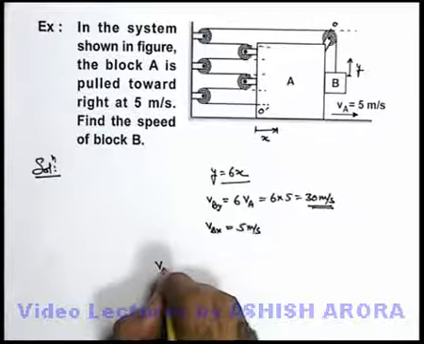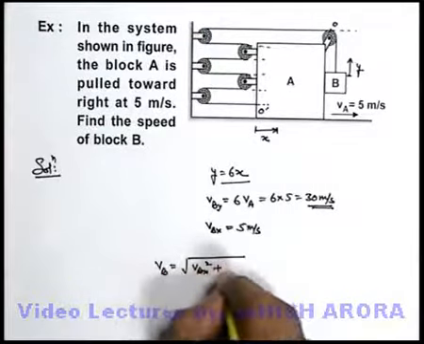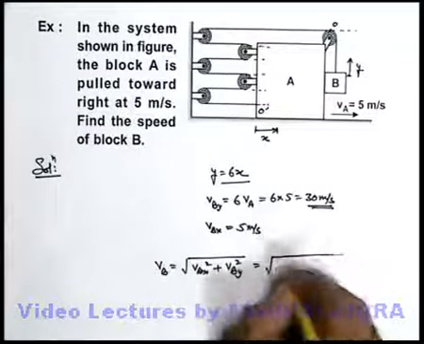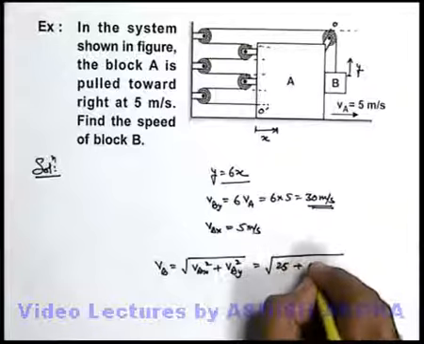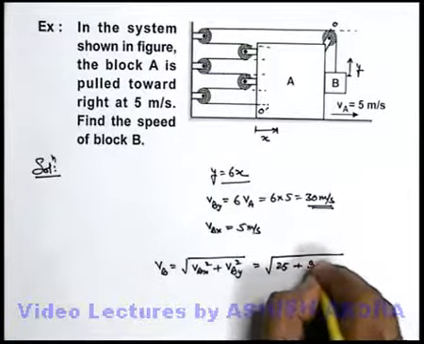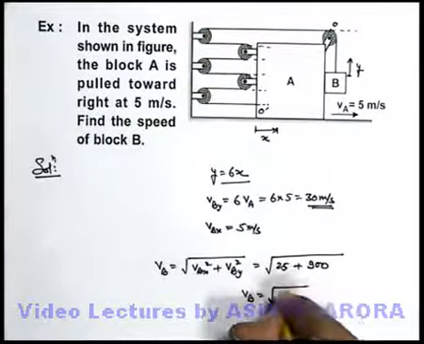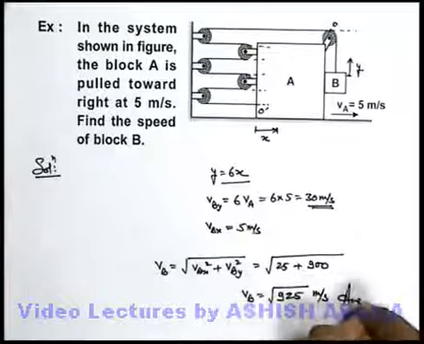So net velocity of block B can be written as root of VBX square plus VBY square. And this will give us root of 25 plus square of 30, which is 900. So we can say the velocity of block B in this question we are getting is root 925 meters per second. This is the answer to this question.